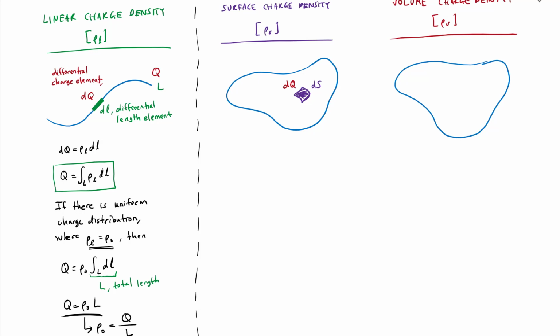So now dq in 2D is going to be your surface charge density times ds. And if I wanted to calculate the total charge, it would be the surface integral of rho s ds.